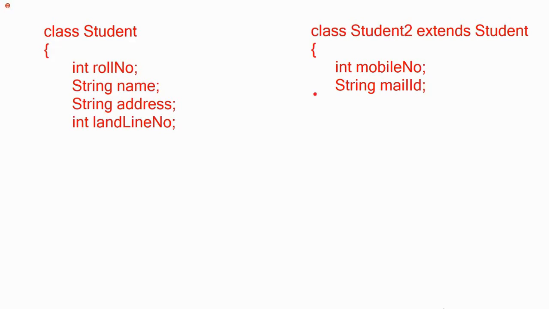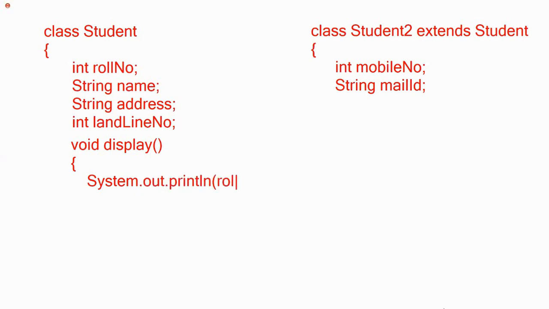Now, in this class, how many variables are there? 4 variables. In this class, how many variables? 2. These 4 are also inherited here. If you write like this, how many are present now? 6. Now, here I'll write one method, display.